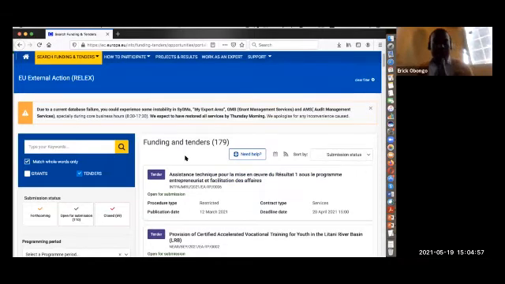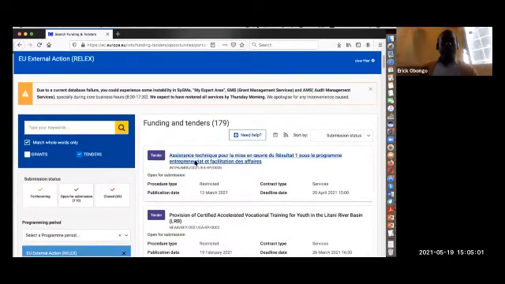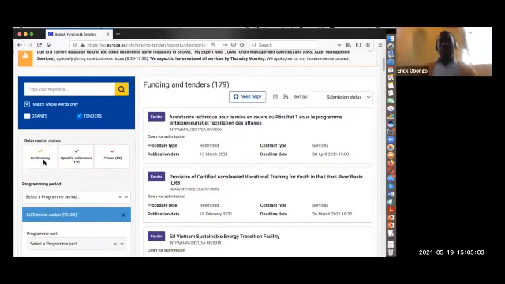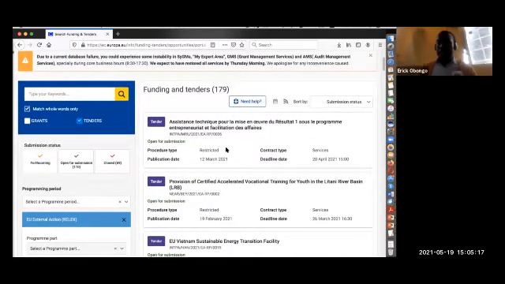But of critical importance, which I also wanted you to appreciate, is that when you go to this website, you will be able to see the forthcoming calls for proposal. You'll be able to see the open calls for proposal. You'll be able to see the closed calls for proposal. And on this part, all the calls for proposal are here.